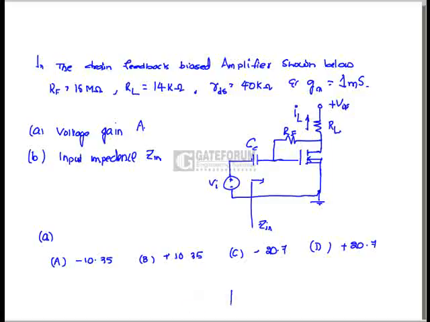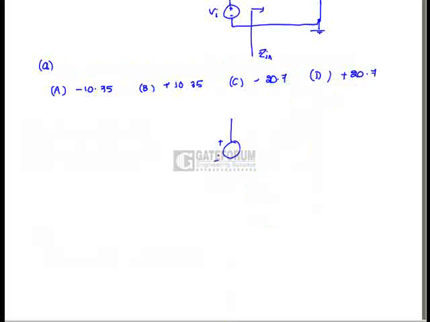Here, plus or minus Vi, this is the gate terminal. RF, the feedback resistor, is the drain terminal. RDS is the drain to source resistance.